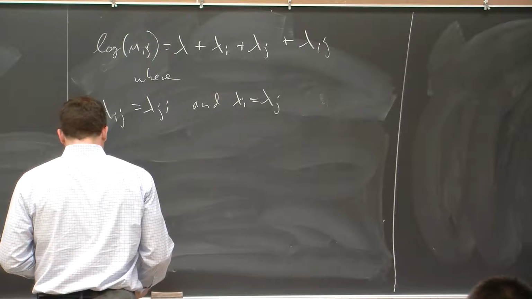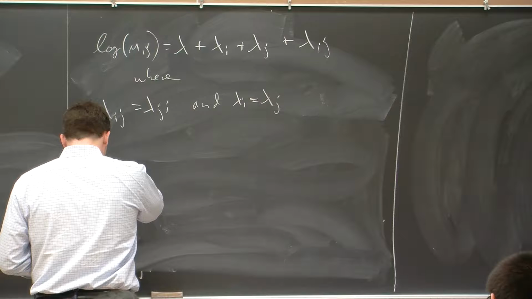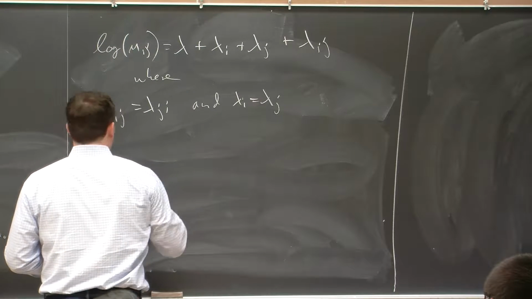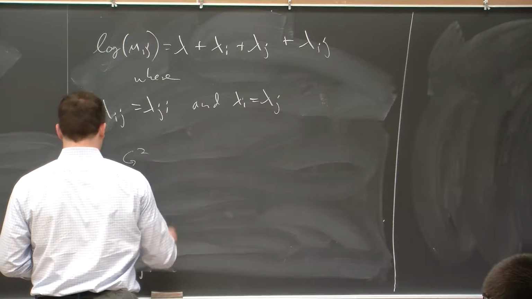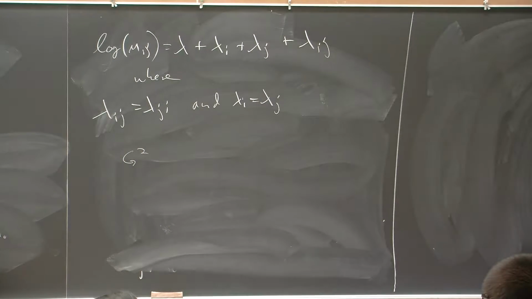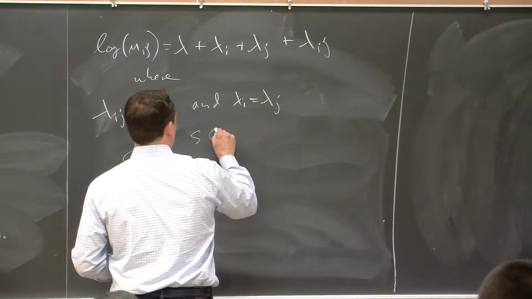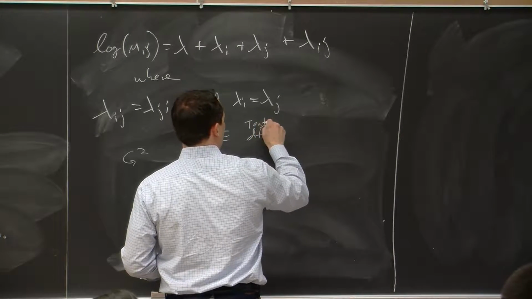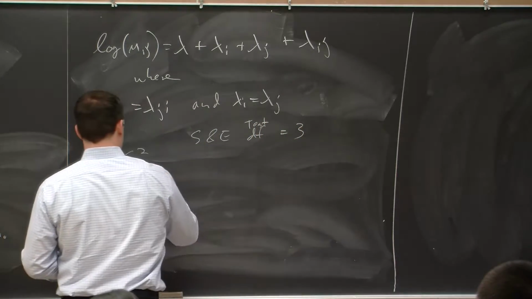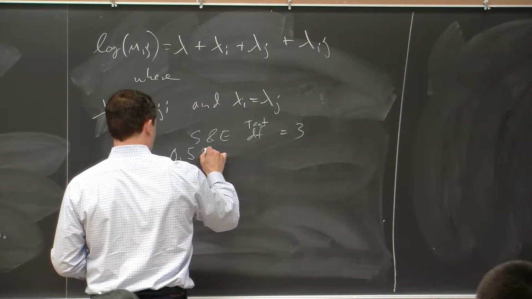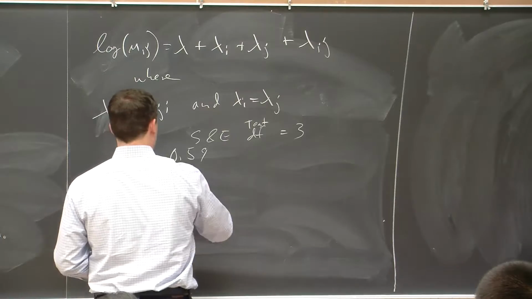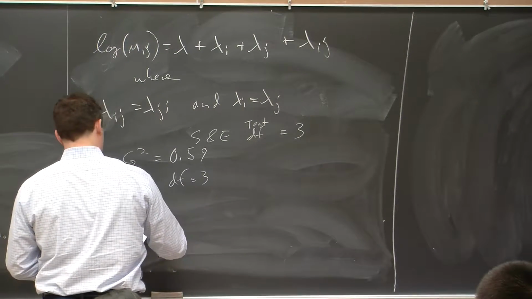Then we use, as usual, a G squared fit. In the Siskel and Ebert example, the test degrees of freedom for the G squared is 3. And we would get, around the model, 0.059, which on 3 degrees of freedom is of course a very good fit.